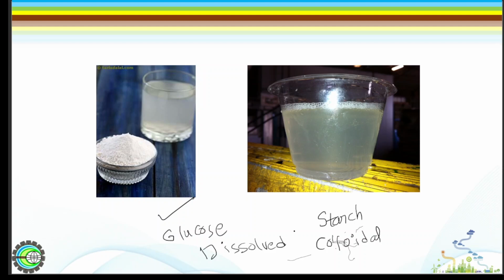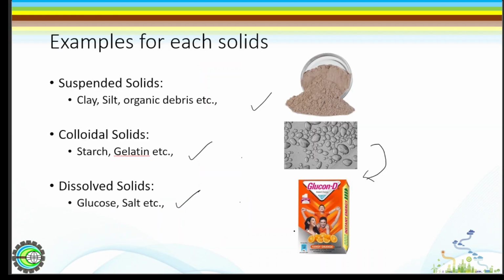Another thing we have to remember in the case of dissolved solids is that the solids which are surrounded by water molecules at the molecular level are termed dissolved solids. Suppose you consider a glucose molecule, at the molecular level it is surrounded by water molecules.